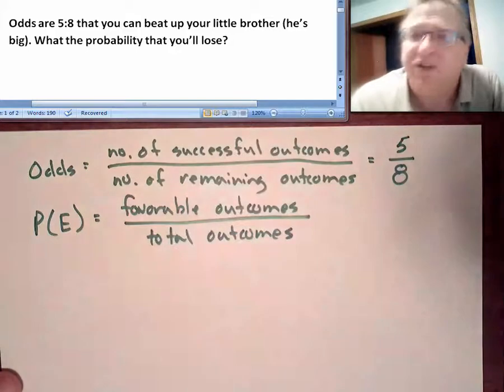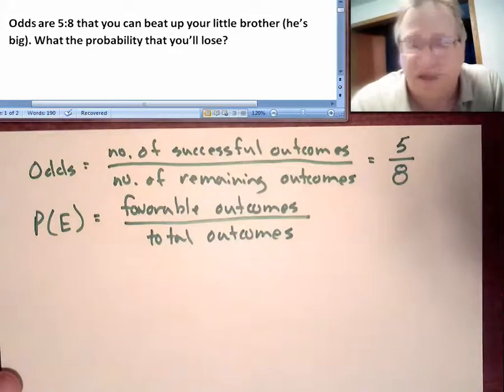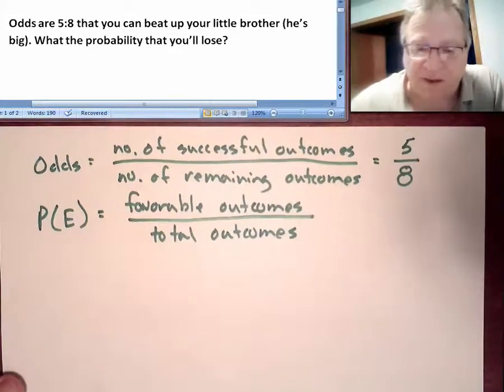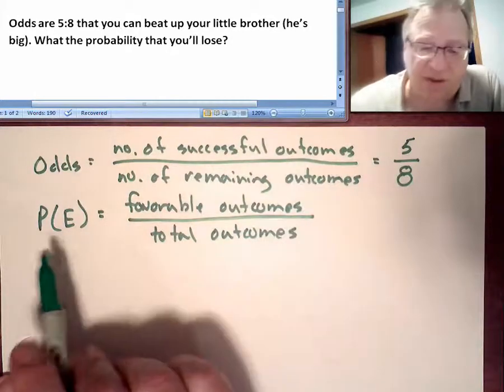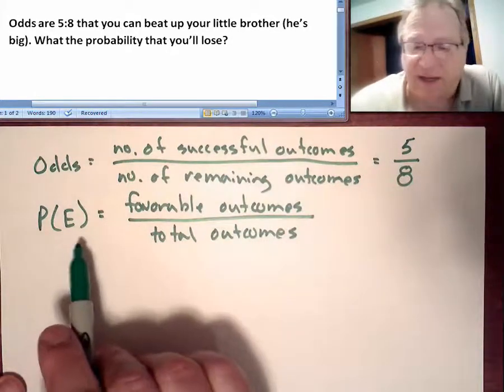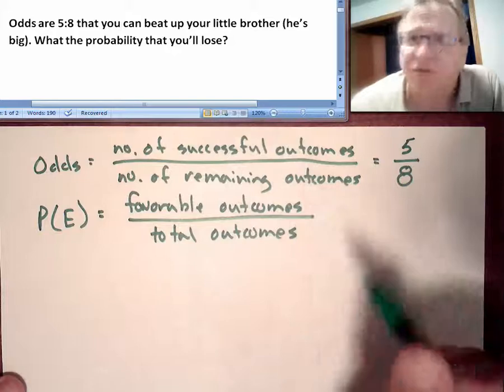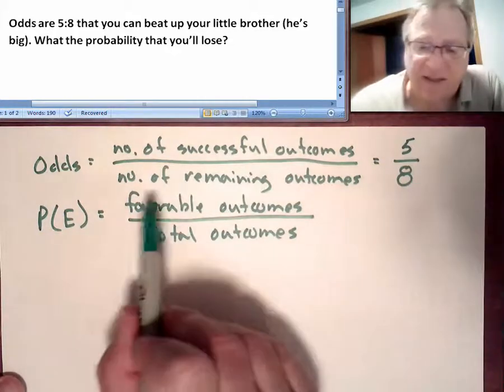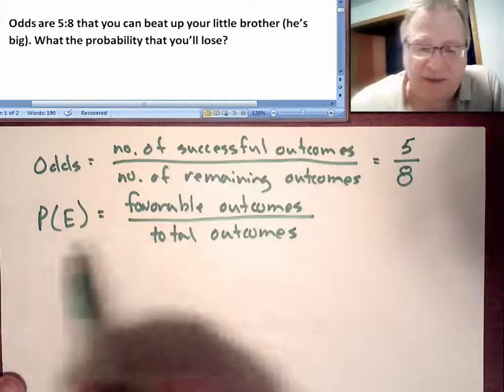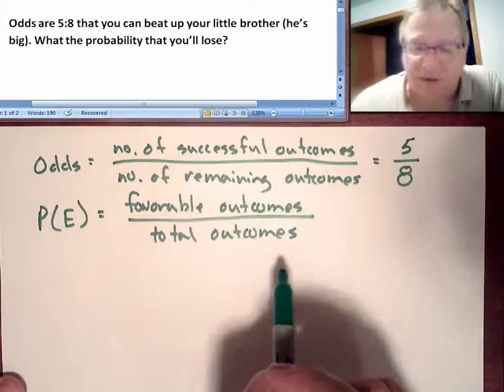These two definitions are similar, but as you can see, they're not the same. In the numerator, odds has number of successful outcomes, and probability has favorable outcomes. Well, those two are the same. However, in the denominator, it's where we differ. Odds, it's the number of remaining outcomes, but in probability, it's the total number of outcomes.